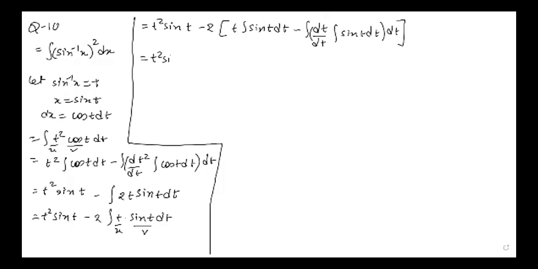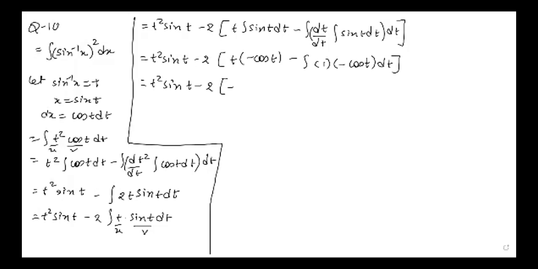So t square sine t minus 2, integration of sine is minus cos t, and then derivative of t is 1, so this will be minus cos t again dt. This will be minus t cos t. This minus will come outside and will make it plus.